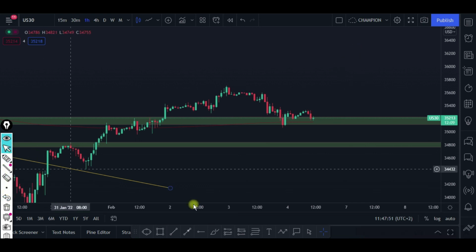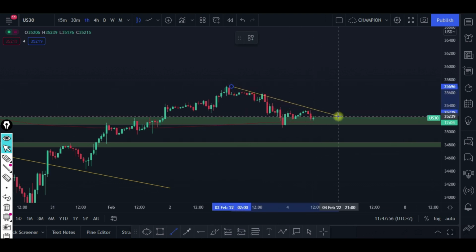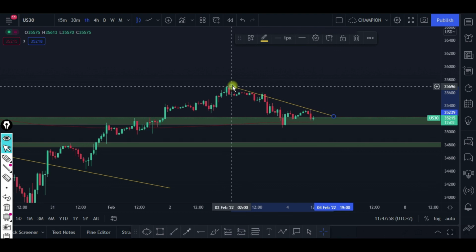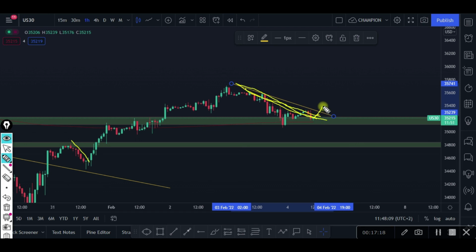Do you see what I'm showing you? If the market breaks out of this diagonal resistance, that's how the market moves. The market will always create this type of move. The market breaks out of it, and then retests, then pushes high.